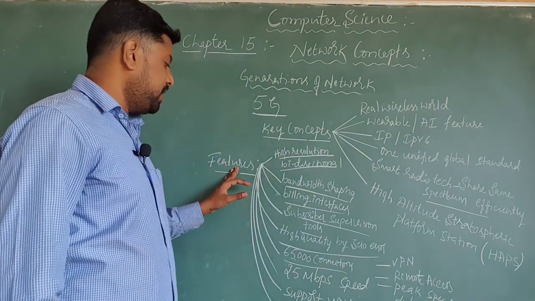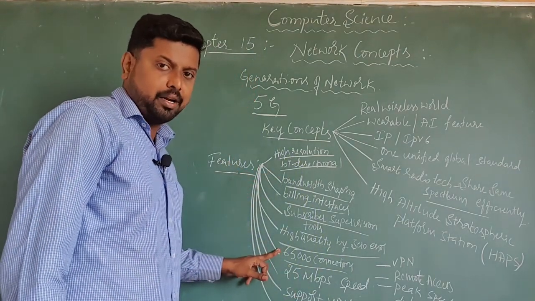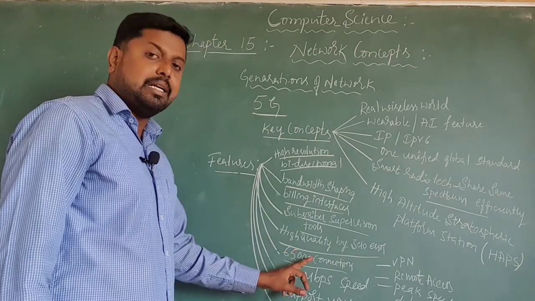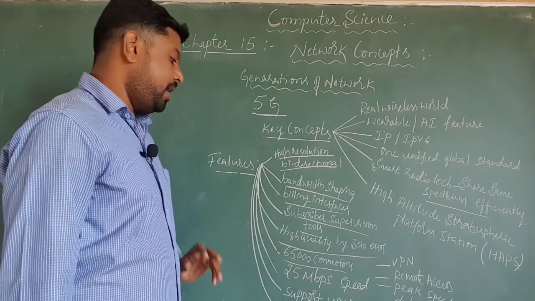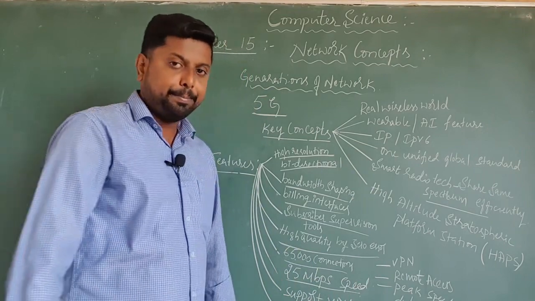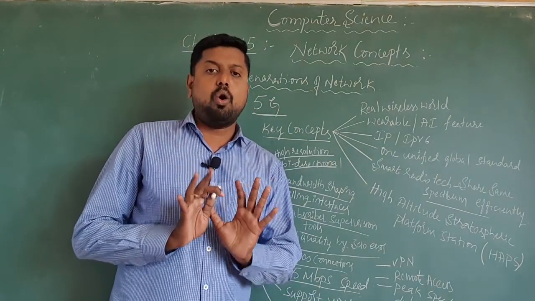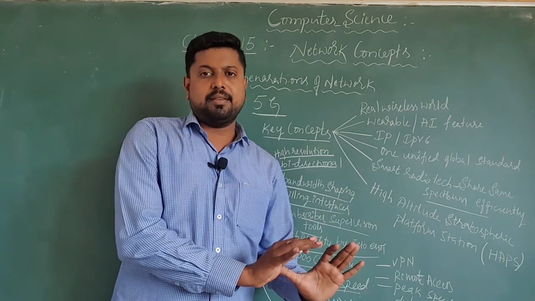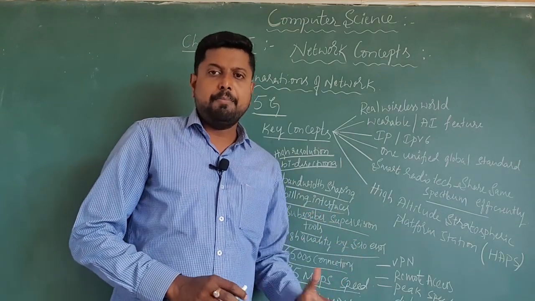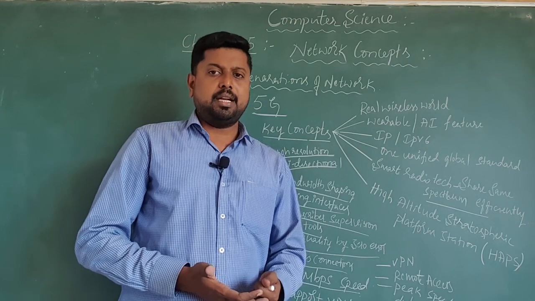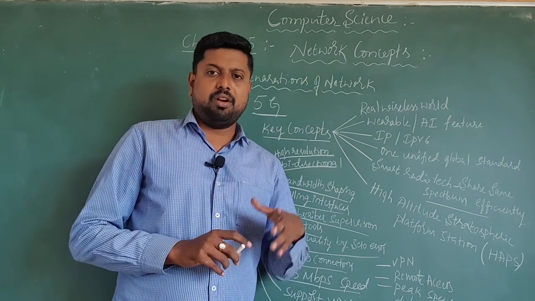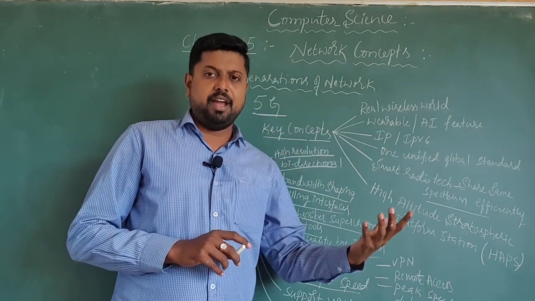One fifth generation network will have a chance to connect around 65,000 connections. And the maximum speed of the fifth generation network is around 25 Mbps. They give it as a number, but whenever we are using it, we will come to know whether this network reaches 25 Mbps or not.